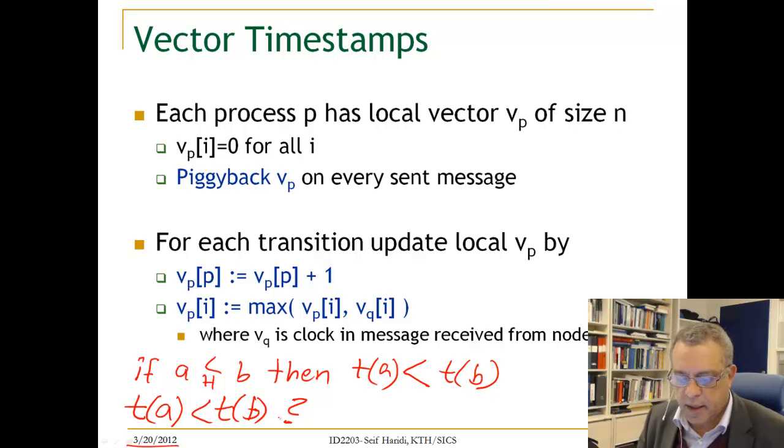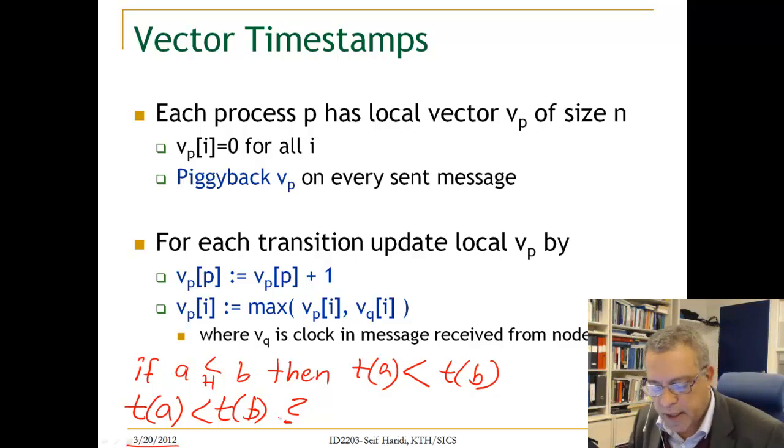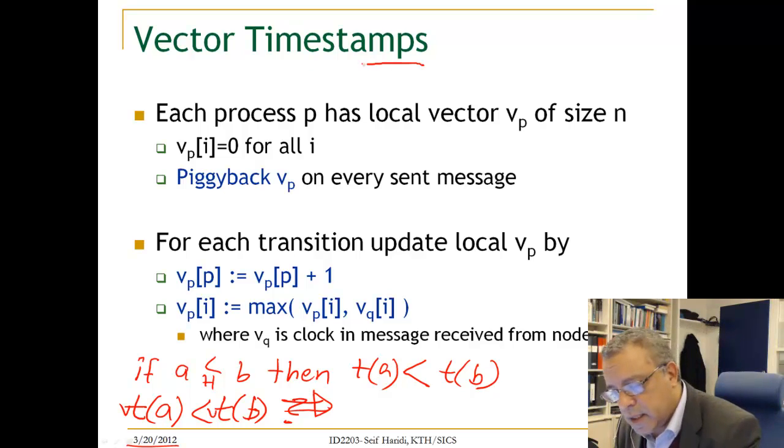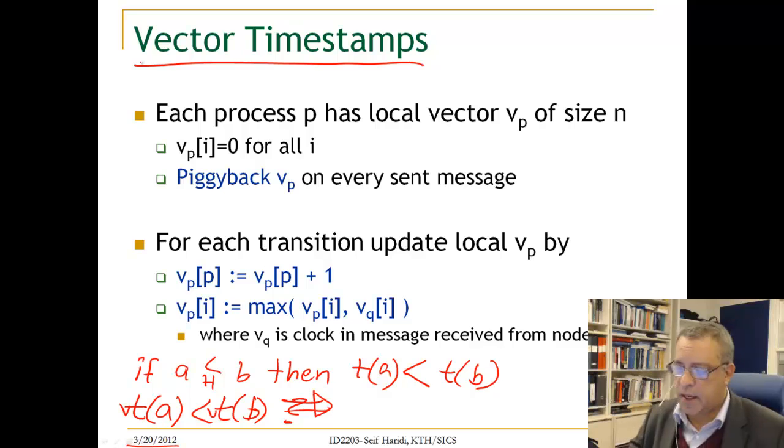And the notion we use is vector timestamps, which are very special. If we look at the timestamps associated with two events, we can tell which one happens before the other, and also whether these events are concurrent or not. That notion is called vector timestamp.